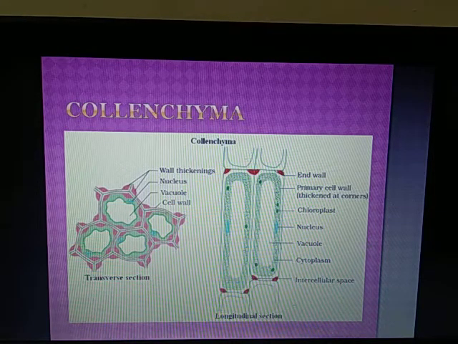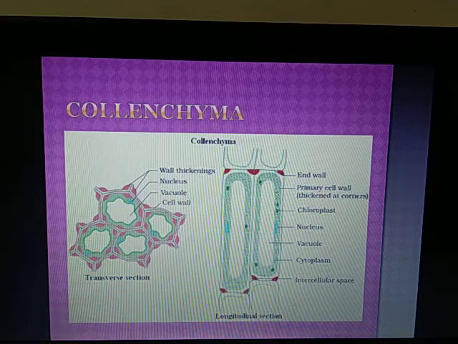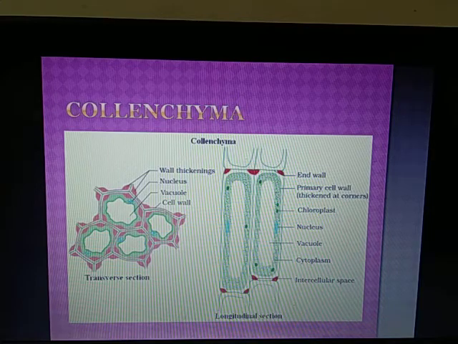They also provide flexibility to the plant so that the part can bend without breaking. So the function of the collenchyma is to provide elasticity and mechanical support to the plant, and to manufacture sugar and starch. On the basis of cell wall thickening and arrangement they are of different types.